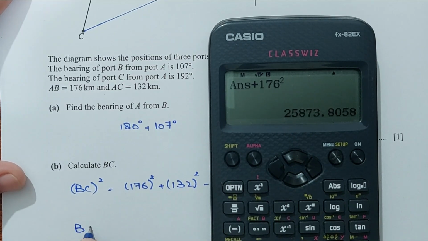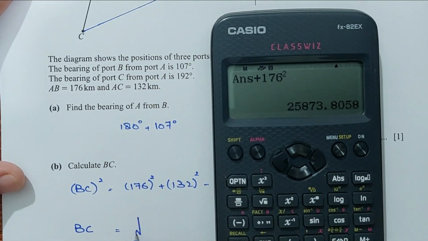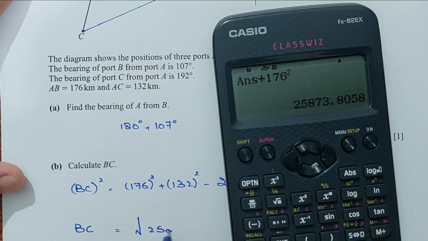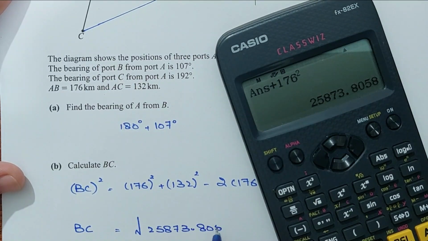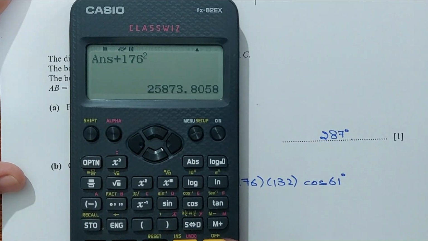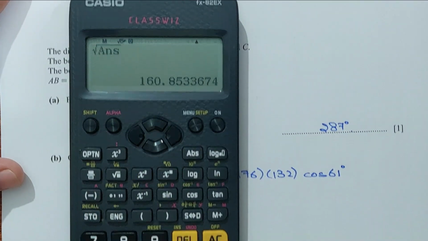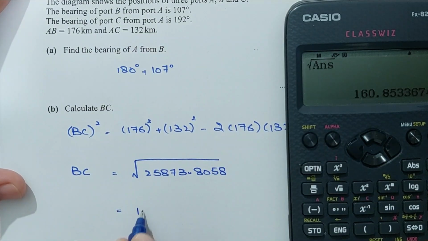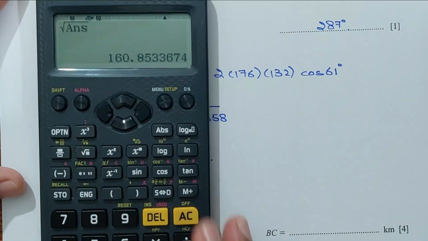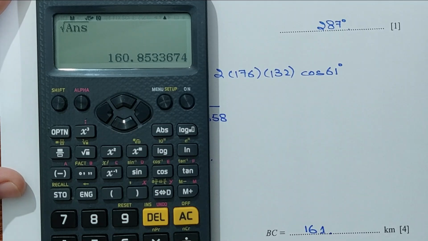So to get BC, we have to take the square root of 25873.8058. We will get the length of BC. The square root of the answer is 160.85 kilometers. All right, and this is 161 kilometers, we can say.